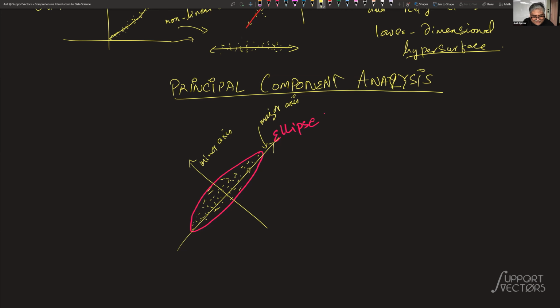Yep. So that's what it is. Now, the question therefore is, how do I go and discover, without seeing the data, this principal axis? So in this language, it will be principal axis 1, principal axis 2. How do I go and discover it?